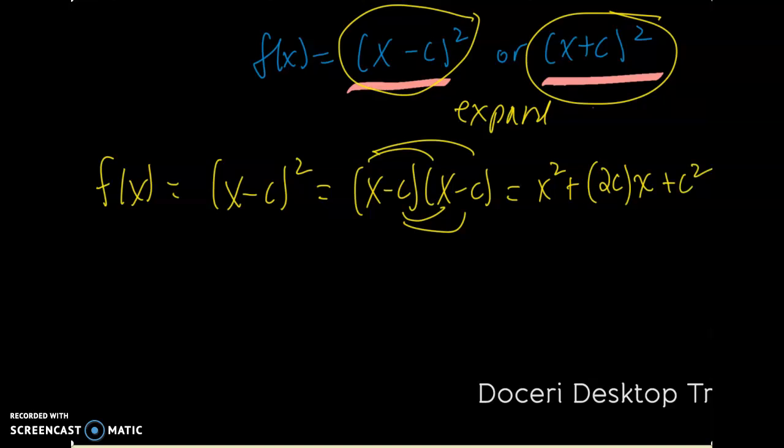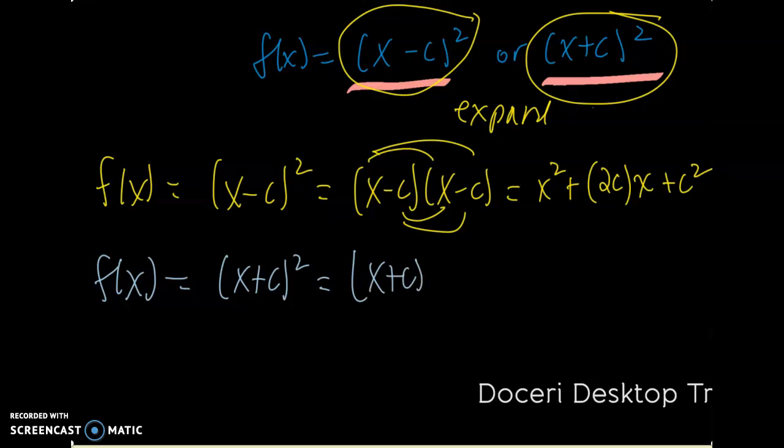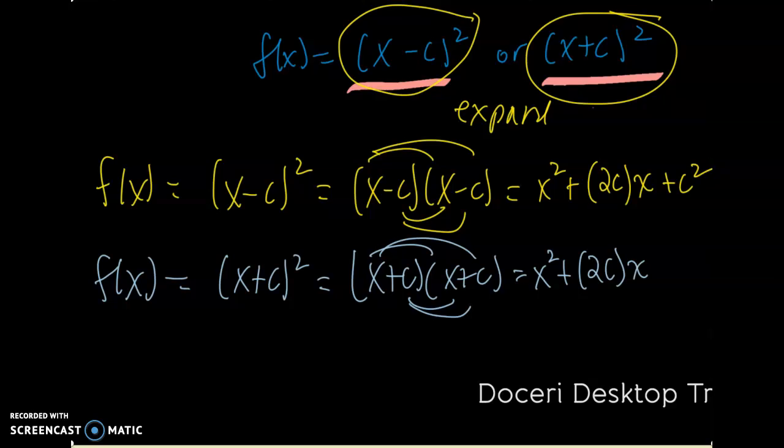And then if you expand the other one, where it's x plus c, and again you take care of the distribution here, you're going to get x squared plus 2cx plus c squared. Oh, and you know what, I just realized I put a plus there where it should have been a minus 2c.